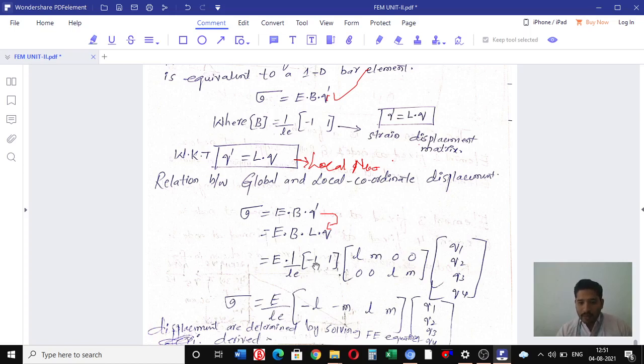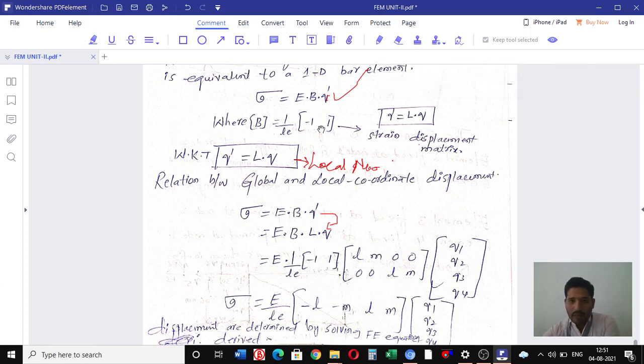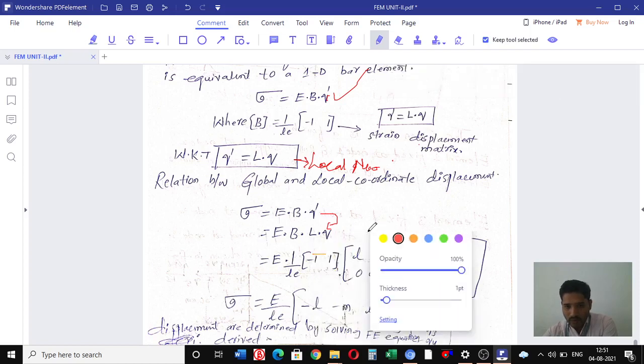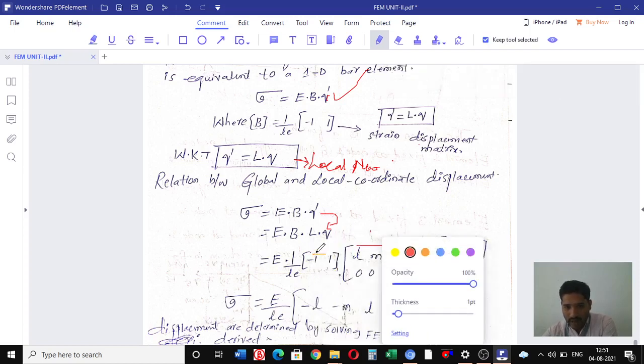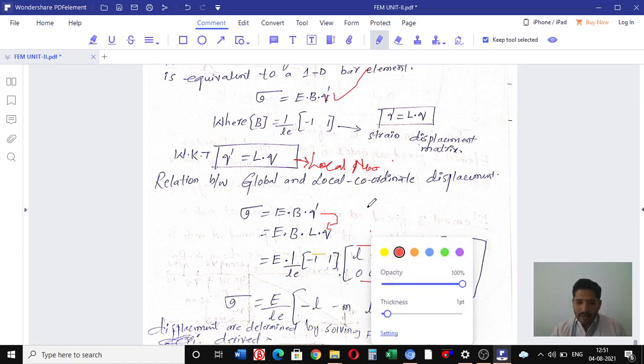Just multiply these terms, minus 1 into L, minus L, minus 1 into M, minus M. First of all you need to multiply this first row into the first column, again the first row into the second column. Let us see how to multiply.